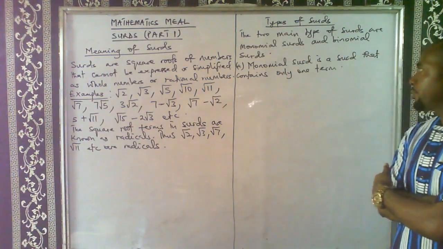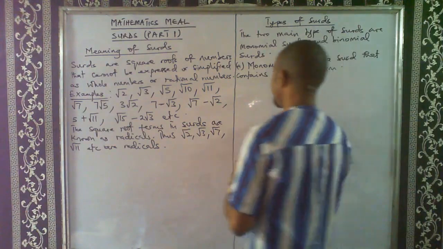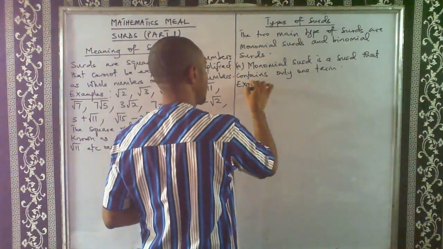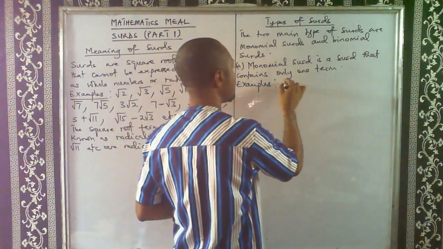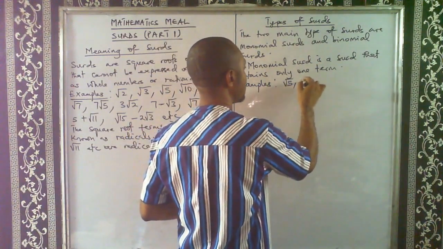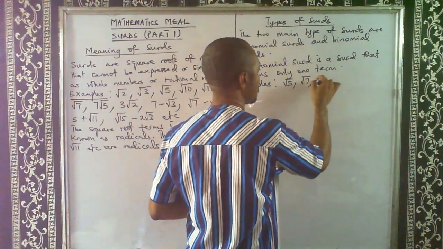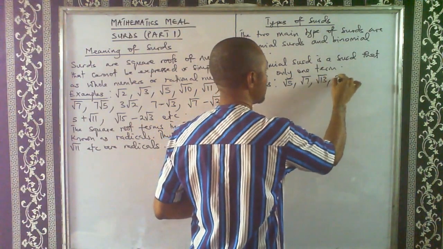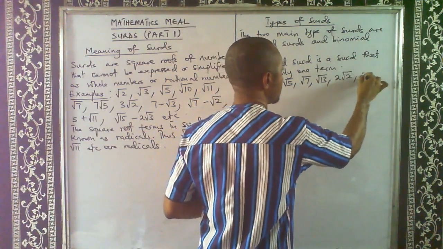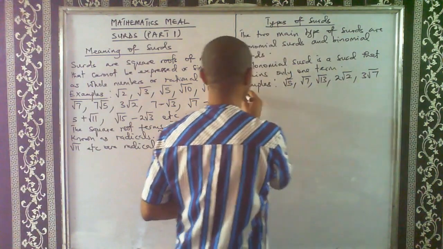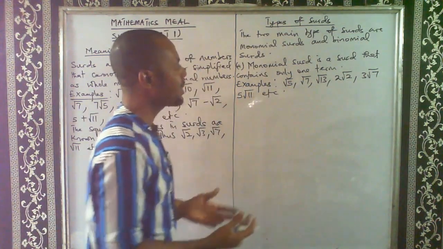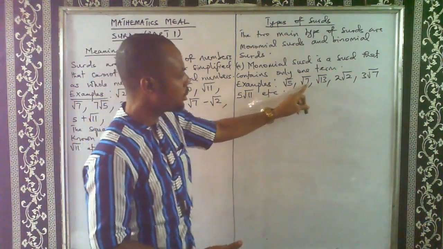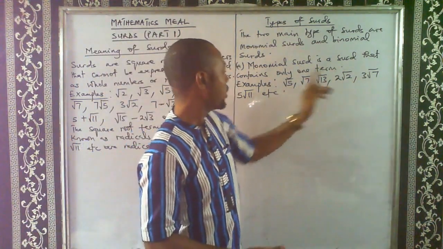Only one term. So, examples. You can have root 5, root 7, root 13, 2 root 2, 3 root 7, 5 root 11, etc. All these are monomial surds because they contain just a single term.